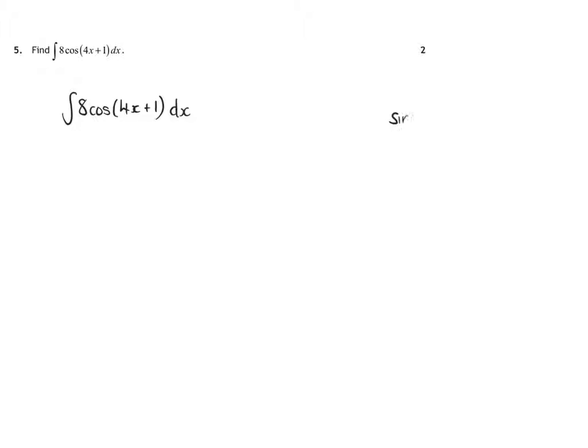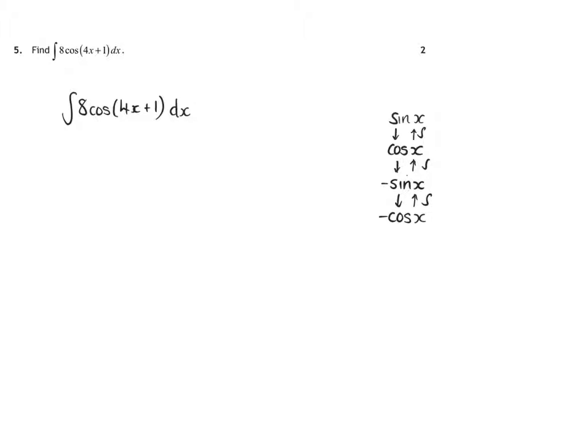When we differentiate, sine x goes to cos x, which then goes to negative sine x, which then goes to negative cos x. So when we're differentiating, we're going this way, but when we're integrating, we're going back the other way.